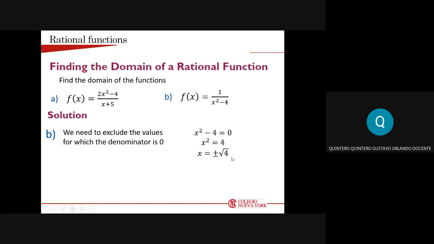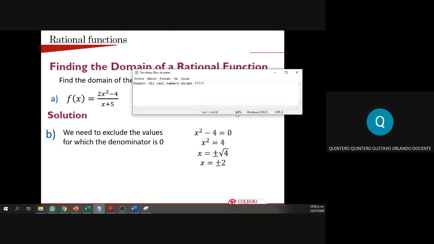Of course, we all know the root of 4 is 2. So in this specific case, we have 2 exclusions, 2 exceptions. The 2 and the negative 2. So the domain is all the real numbers except 2 and negative 2.